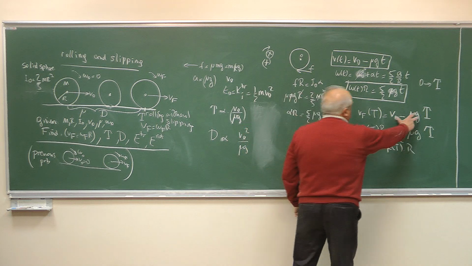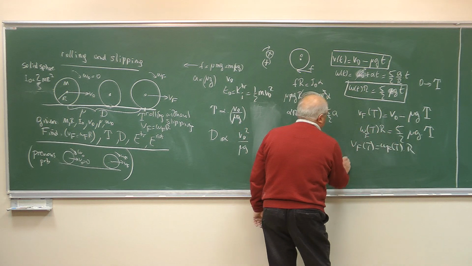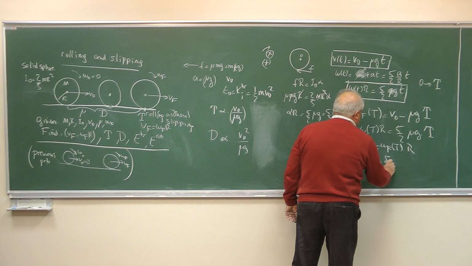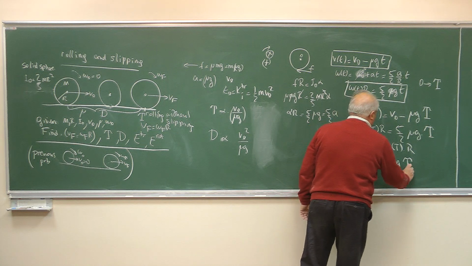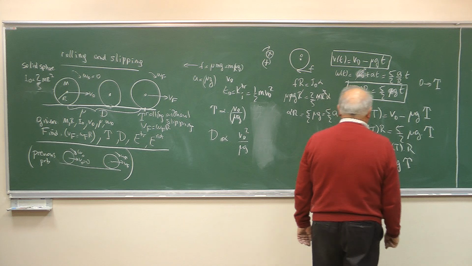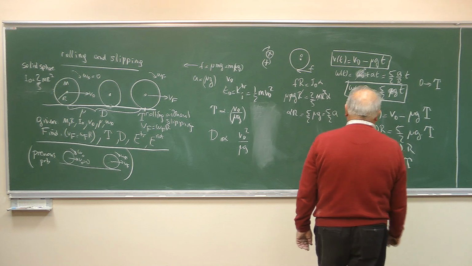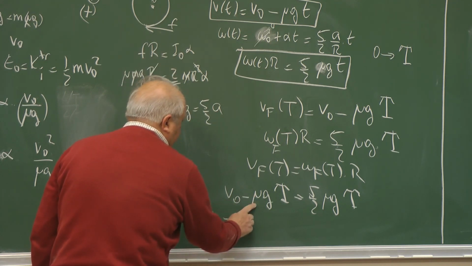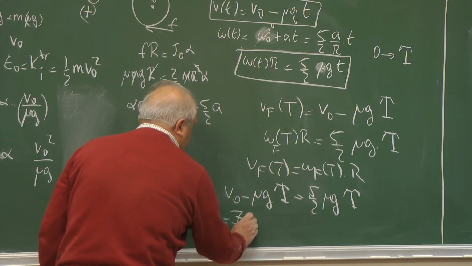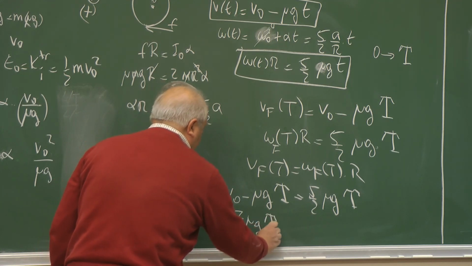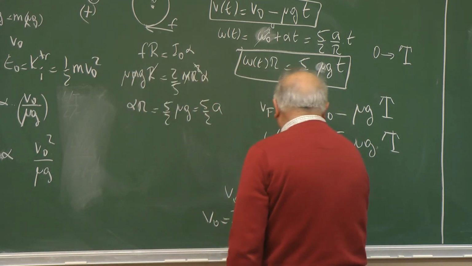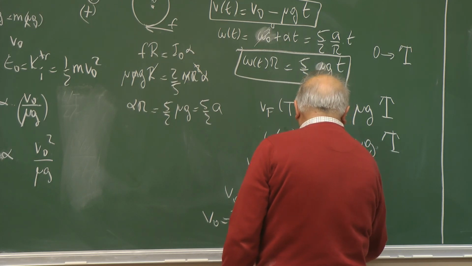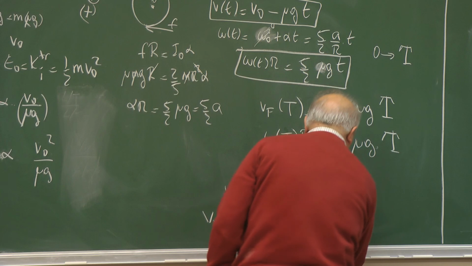Therefore, we equate the right-hand parts. So v0 minus mu g t is equal to 5 over 2 mu g t. Or v0 is 7 over 2 mu g t. So we found this time t. T is 2 over 7 v0 over mu g.